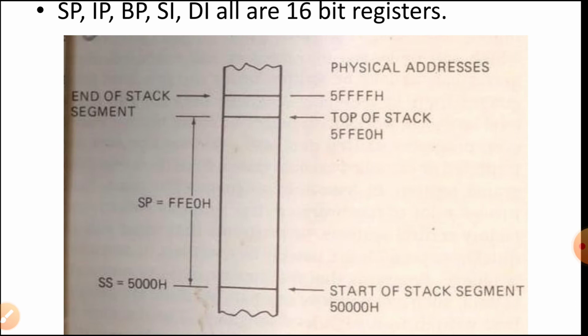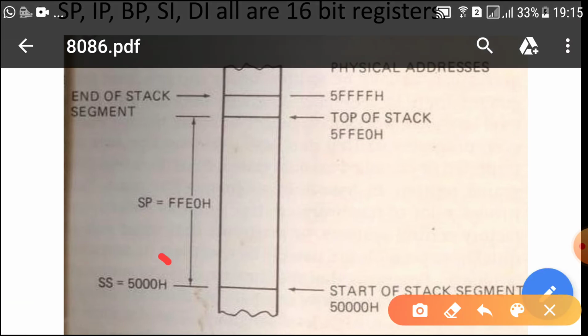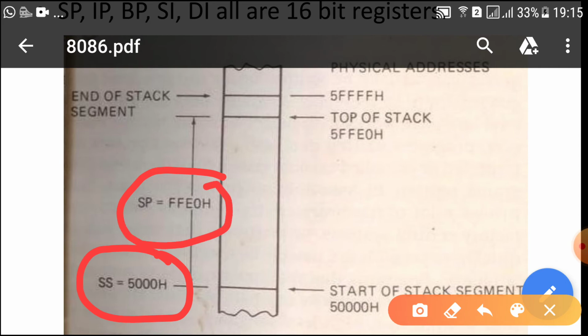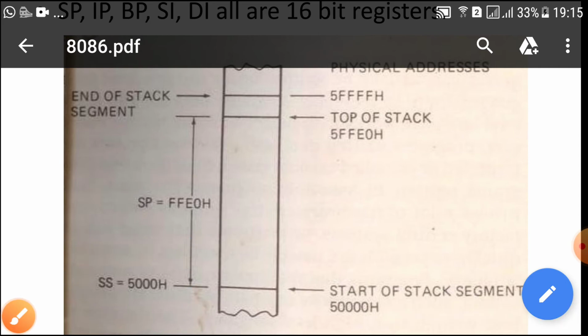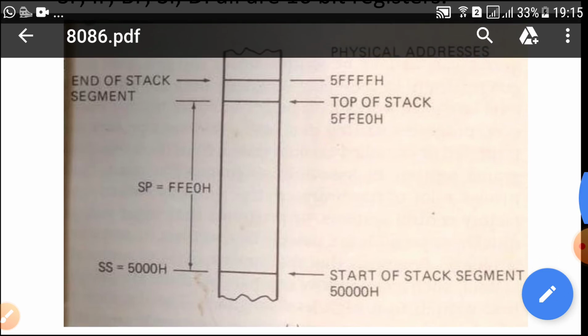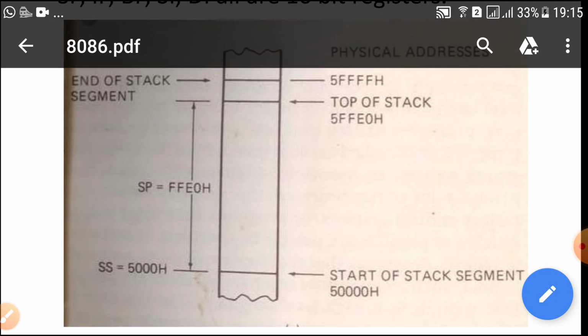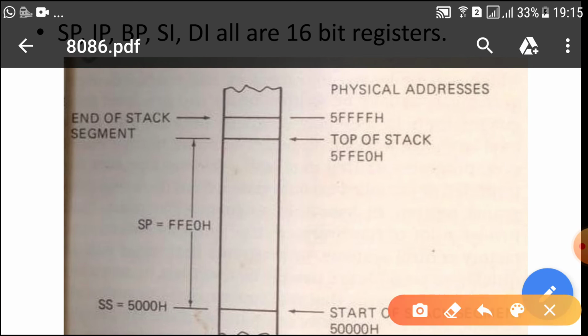Stack segment is showing 5000, and stack pointer is showing FFE0. So, what will be the physical address it wants to fetch? The 5000 will be shifted 4 bits left, so the right hand side will have one more 0, and then it is added with FFE0. So, the address will become 5FFE0.